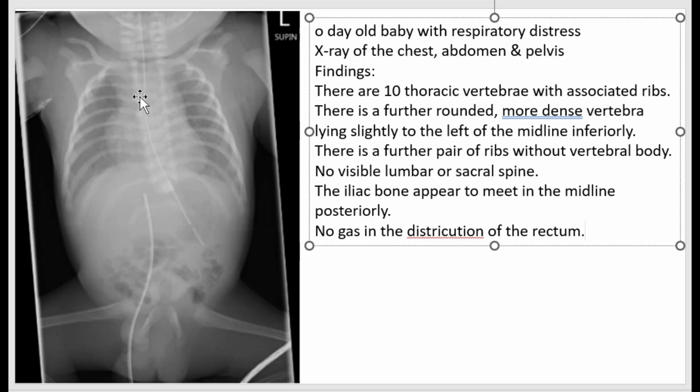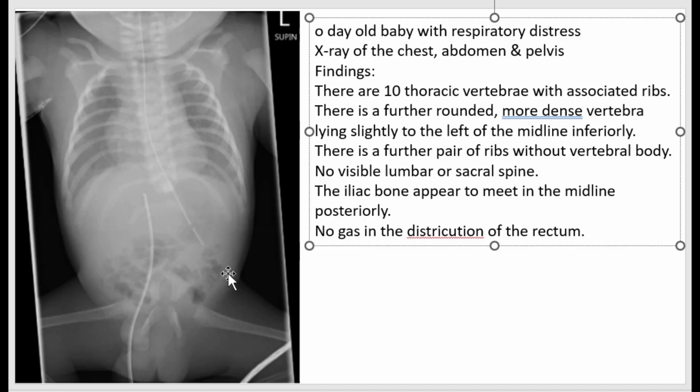Next finding, can you see this tube? The nasogastric tube tip is projected over the stomach, or is seen below the diaphragm.